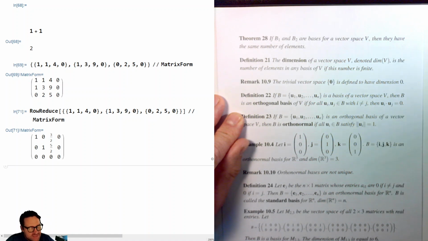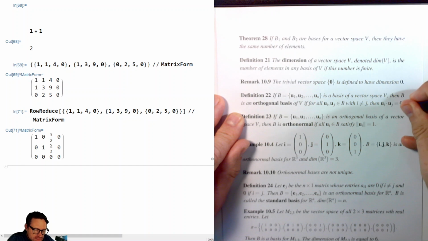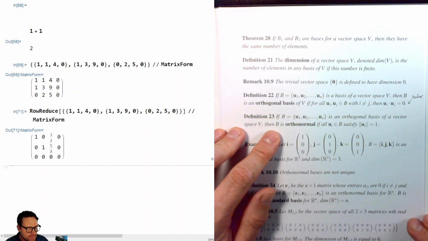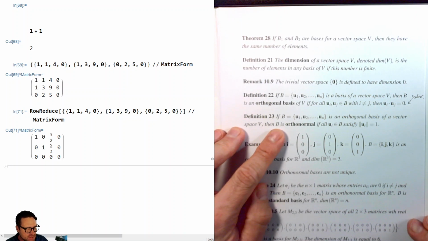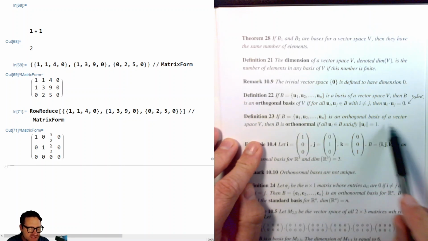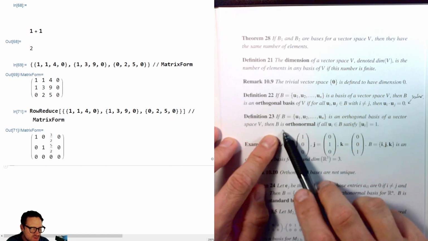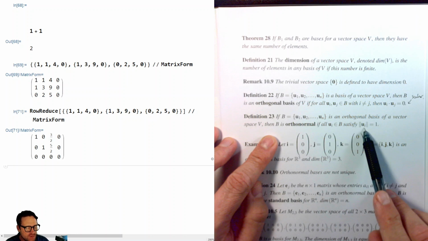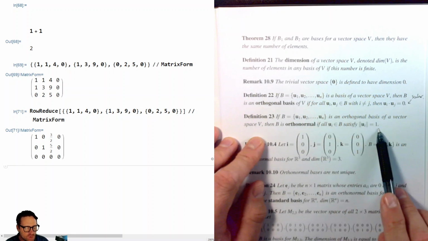Remember, the dot product is a scalar. Okay, definition 23. If B, u1, u2, up to un is an orthogonal basis of a vector space V, we say that B is an orthonormal basis if all of the basis elements have norm 1.